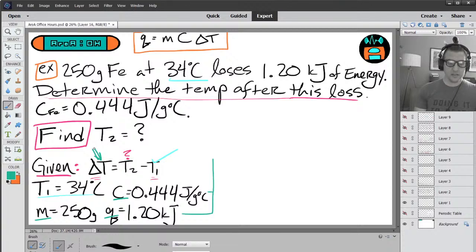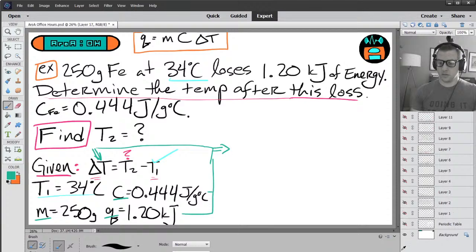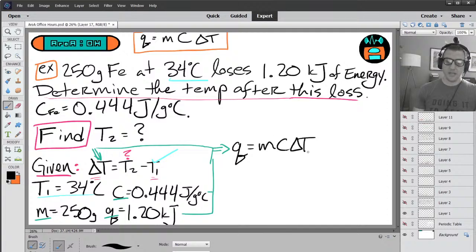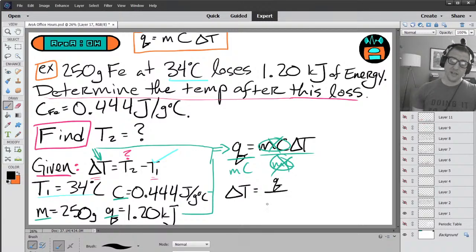That means that we are going to need to use Q equals mCΔT to find that change in temperature, to find that delta T. If we divide both sides by mass times specific heat capacity, we can isolate delta T. Delta T is equal to the energy absorbed or lost, in this case it's lost, over mass times specific heat capacity.